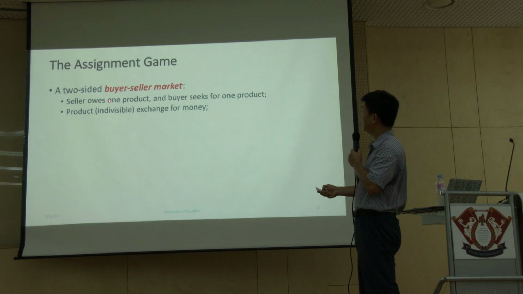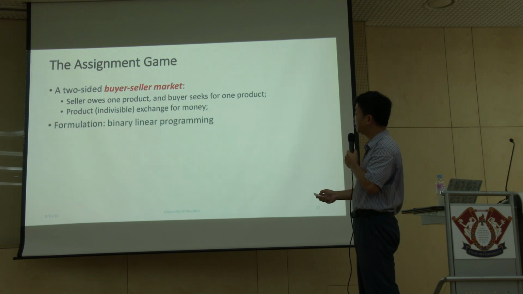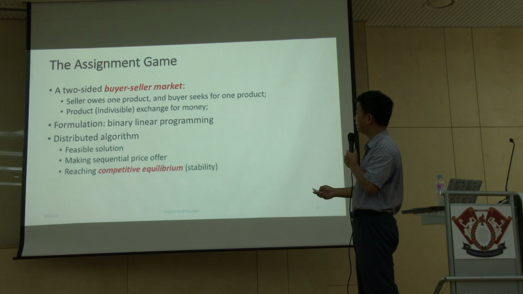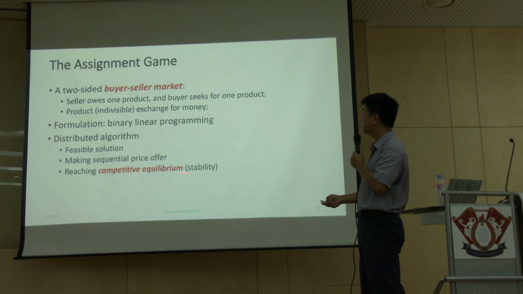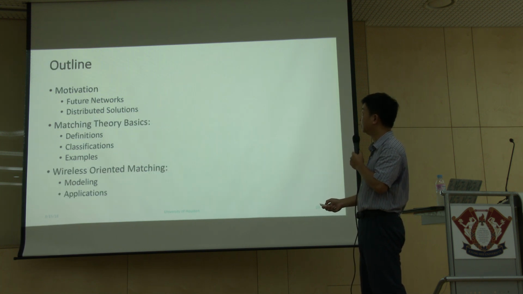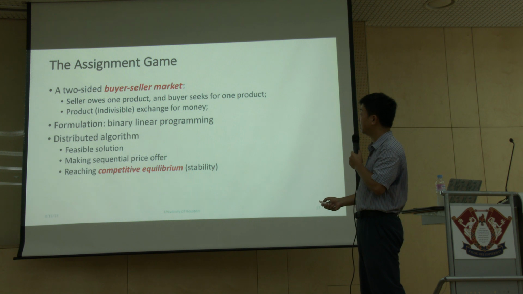Each seller owns one product, and each buyer wants to buy one product, and they exchange by money. Such a problem can be formulated by linear programming, and then there can be a distributed solution to reach the competitive equilibrium. So this is the assignment game.